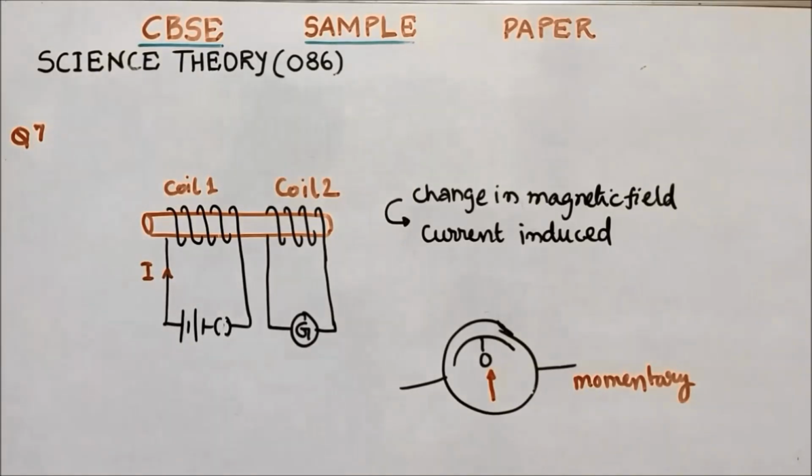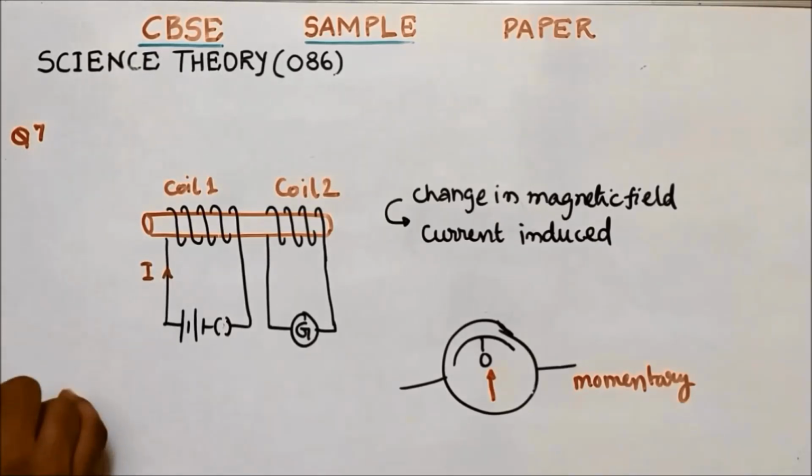So what answer should you write here? You need not explain all this concept because this question carries only 1 mark. The question is: what are the 2 observations that can be noted down from the galvanometer reading?